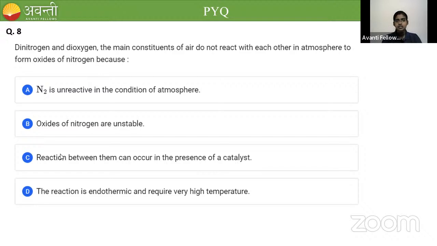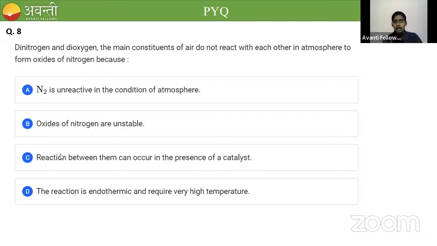So that cannot be the answer. Coming to the next statement, oxides of nitrogen are unstable. No, they are stable. If you form the bond between nitrogen and oxygen at very high temperature, those nitrogen oxides are stable. So that also cannot be the answer.